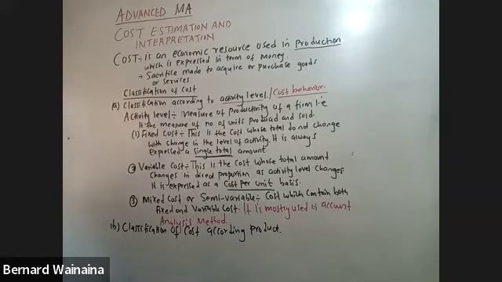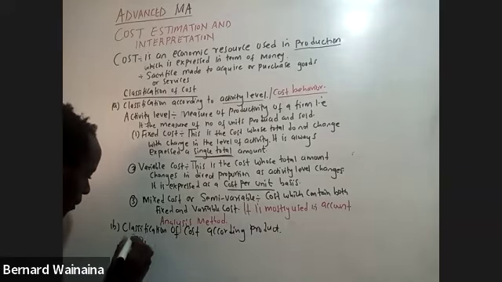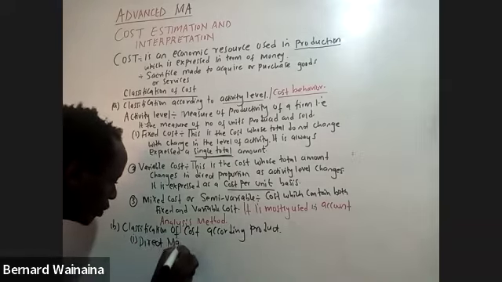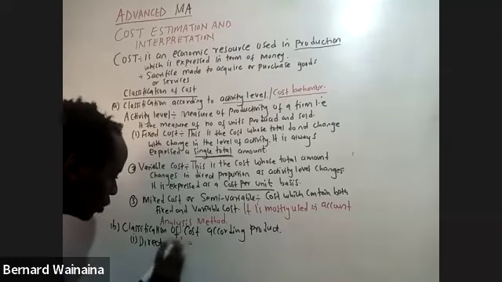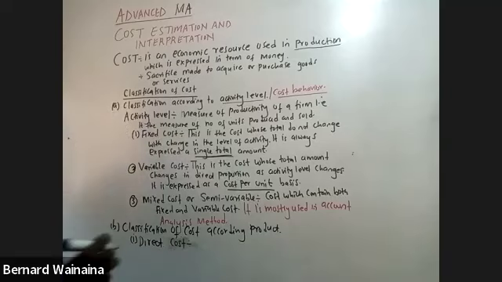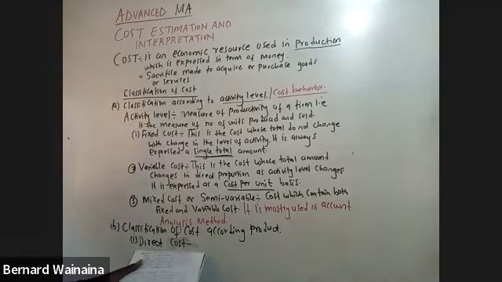We shall talk about direct and indirect as a general classification, but we shall not dive inside. So under direct cost, we have items such as direct material cost, direct labor cost, and other costs.